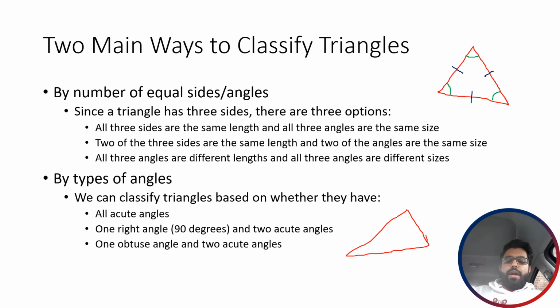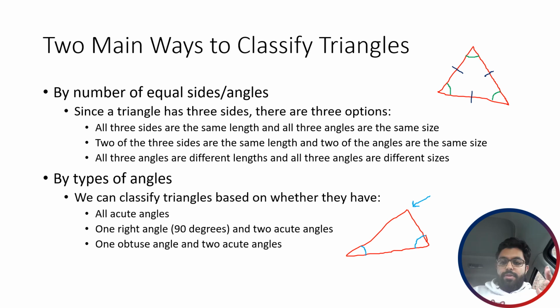Every triangle is going to have at least two acute angles. So in this case, this one is definitely an acute angle, smaller than 90 degrees. This one is also an acute angle, smaller than 90 degrees. But this third one up here, it could be an acute angle. If you change the drawing of the triangle a little bit, maybe it's a right angle. If you change the drawing a little bit more, maybe it's an obtuse angle.